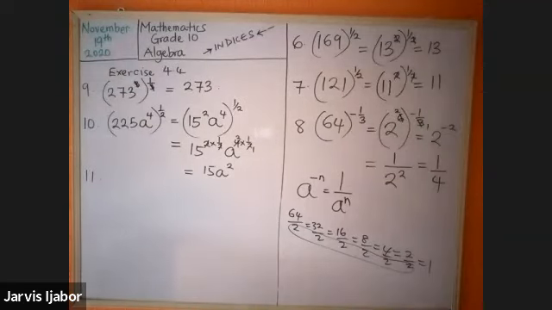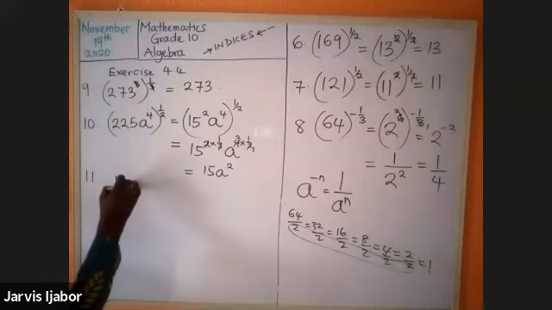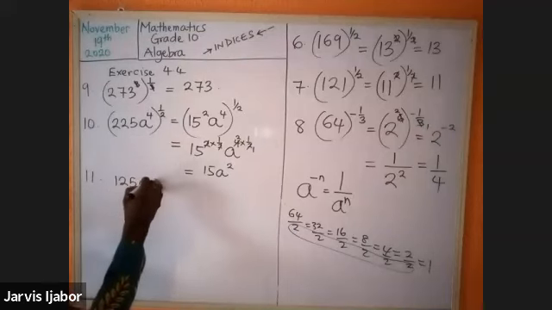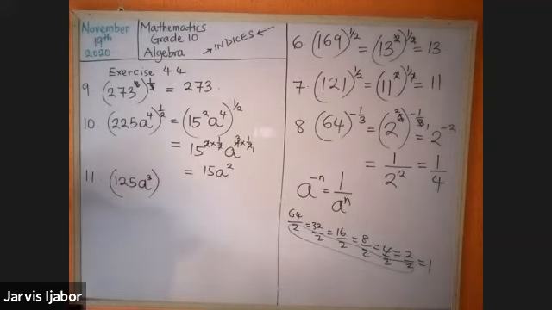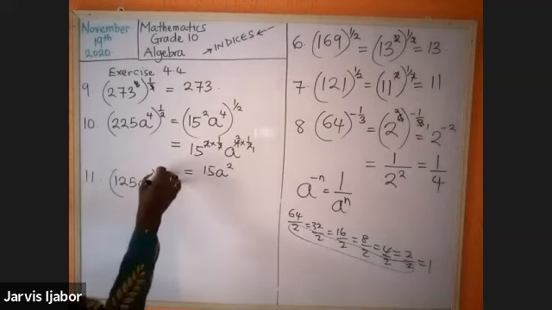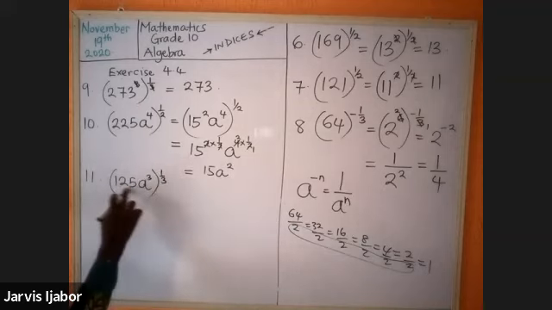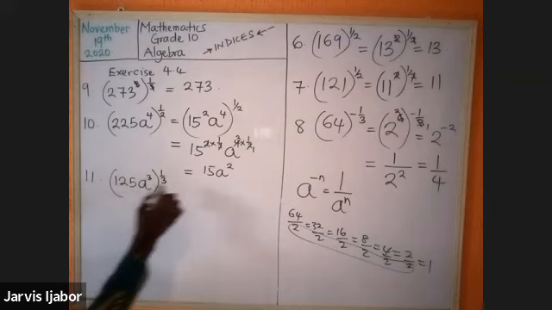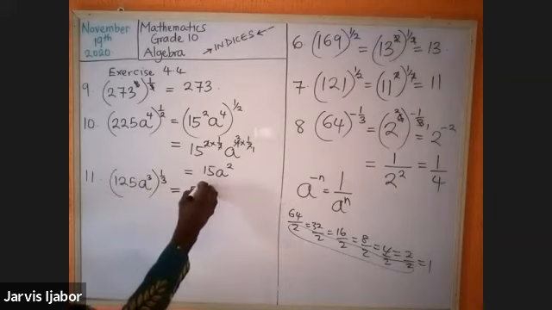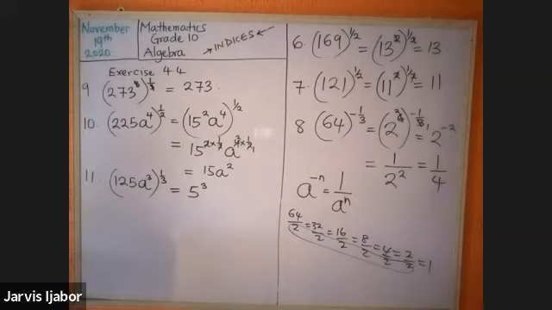In question 11, I have 125a, all raised to the power of 3, everything raised to the power of 1/3. I need to look at 125. What's the prime factor of 125? And that is 5, multiplied what? 3 times.